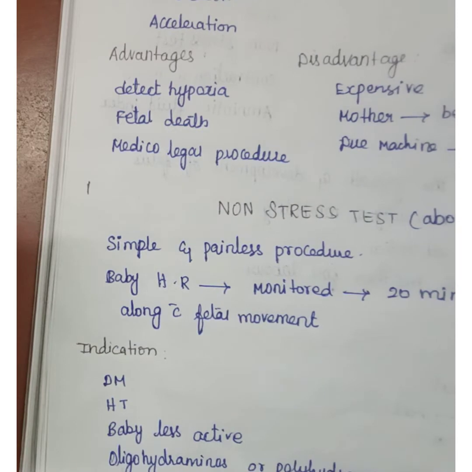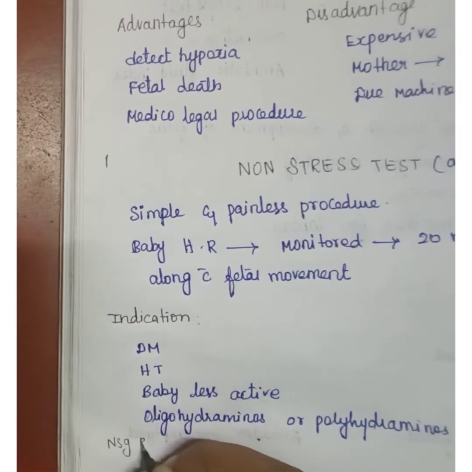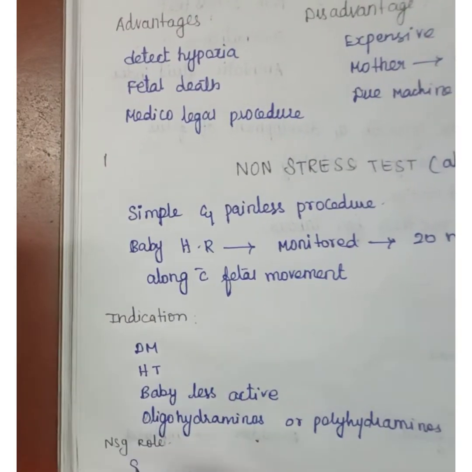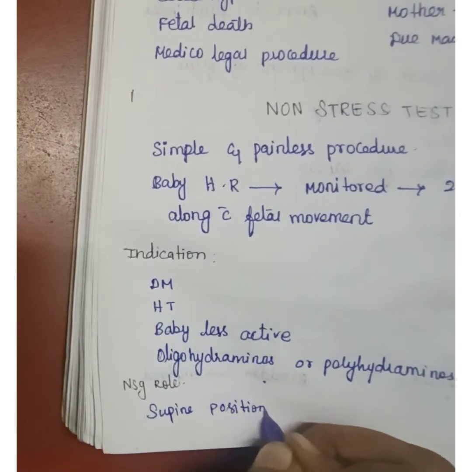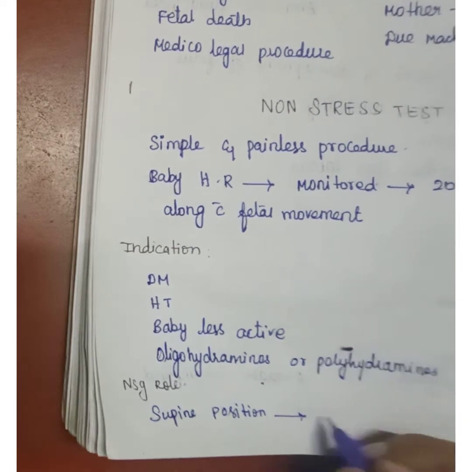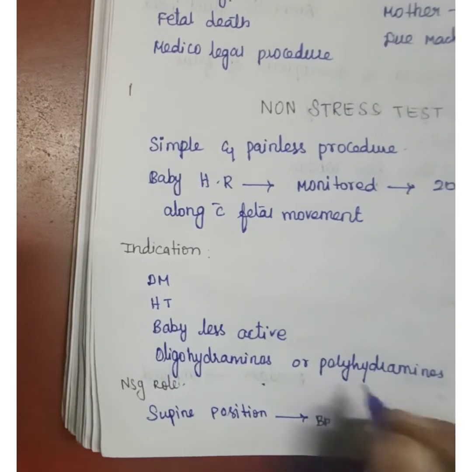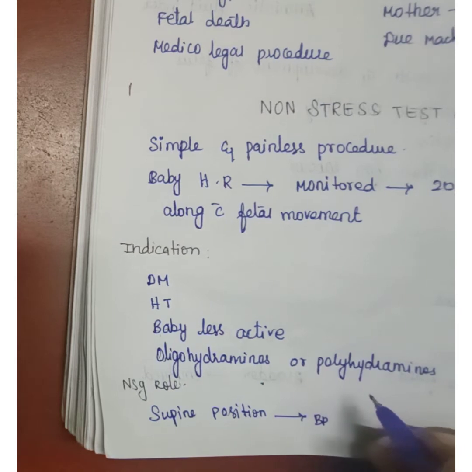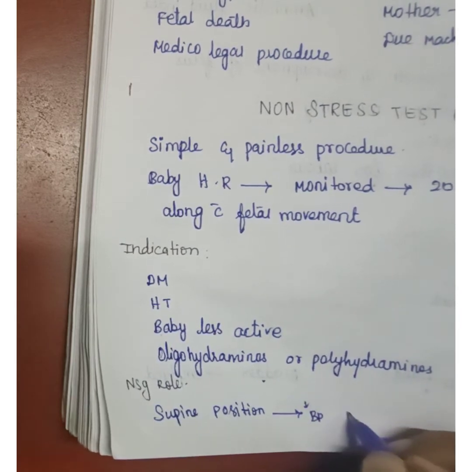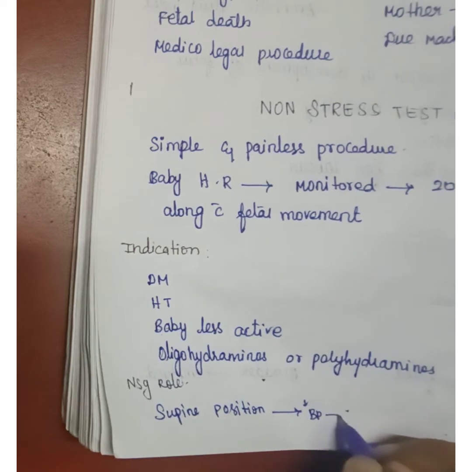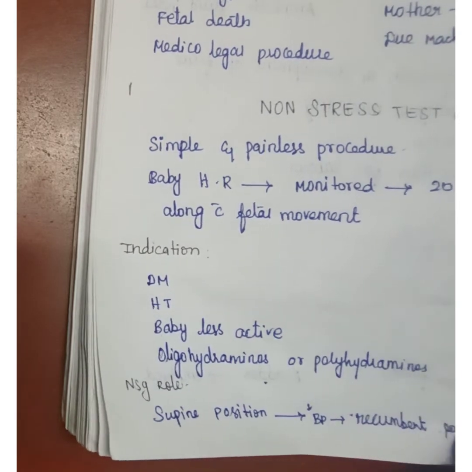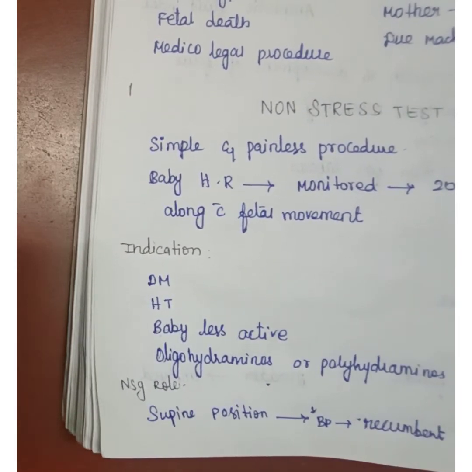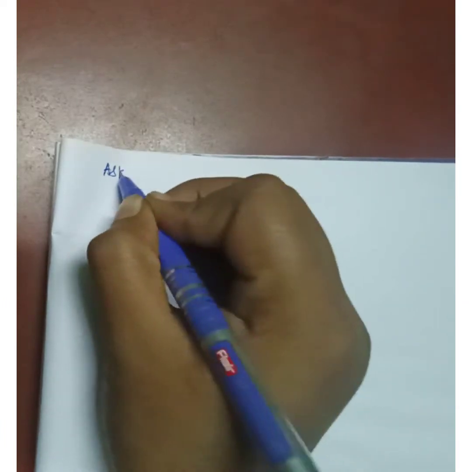Let's see the nurse's role. The patient should be placed in supine position. If the patient has low BP, which is hypotension, the patient should be positioned in recumbent position. Ask the mother to take a deep breath.